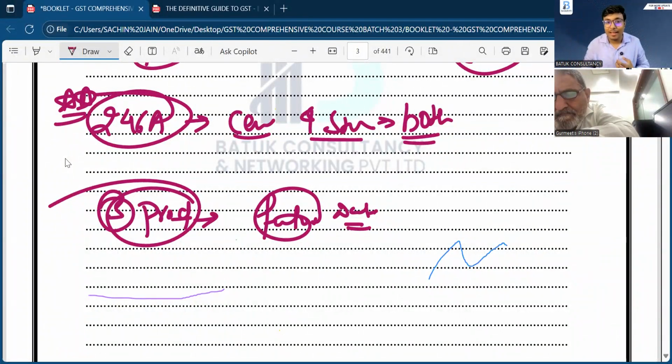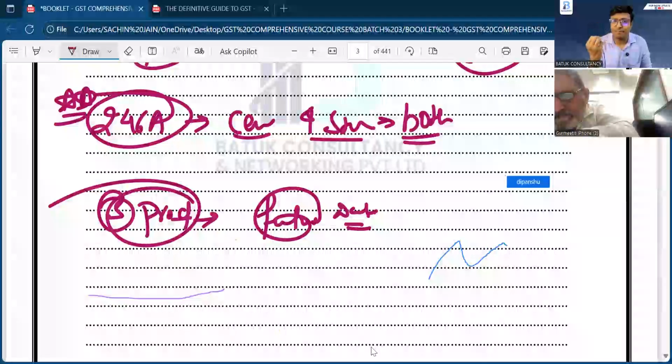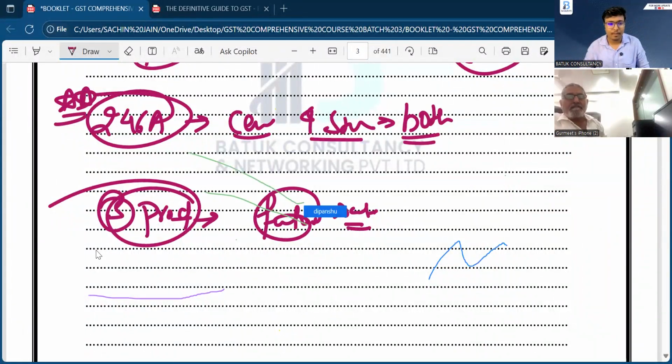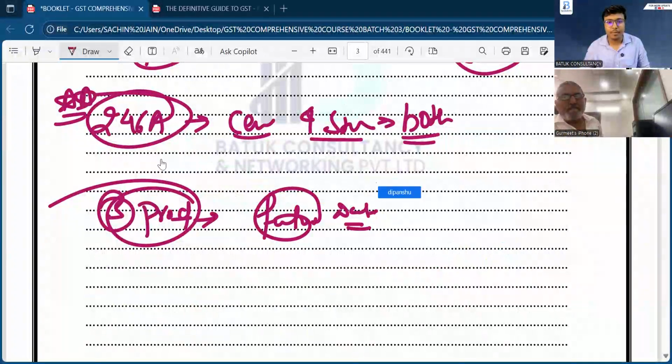Now, sir, why is government not implementing GST on these 5 petroleum products? Have you any idea about this? You may put it in the chat box. Why is government not implementing GST on these 5 petroleum products now? Because, sir, now government is collecting revenue on account of these 5 petroleum products at the rate of around 40%.